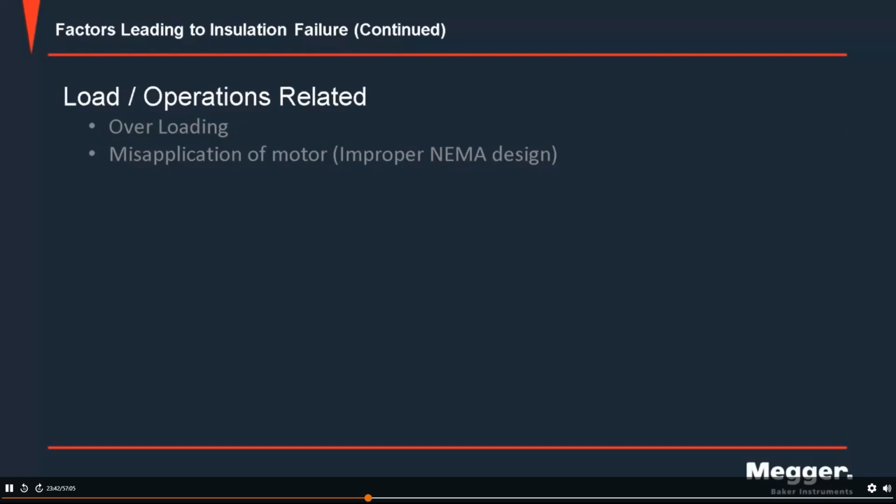You get these long startup times where that inrush current is being sustained for longer periods of time. That's going to drive my insulation to degrade more rapidly, specifically in those longer startup periods. So that's another one to keep in mind. You may not think about it. It's not the most obvious one.